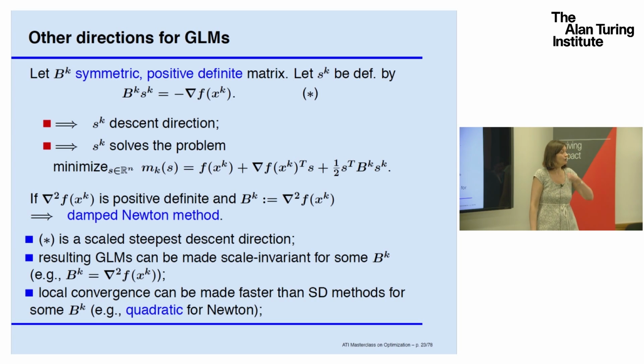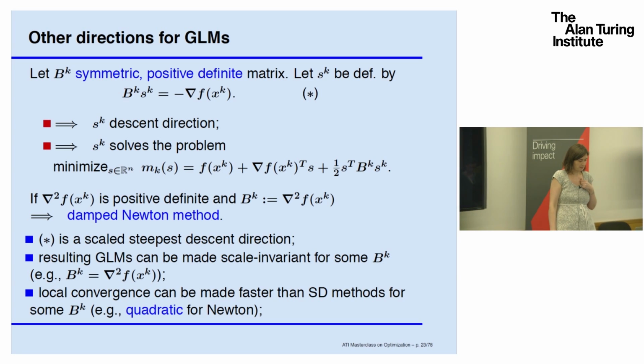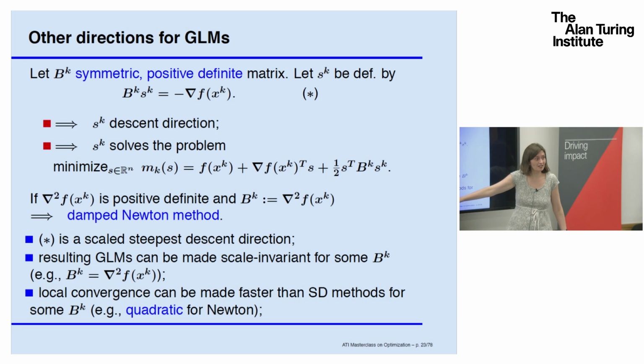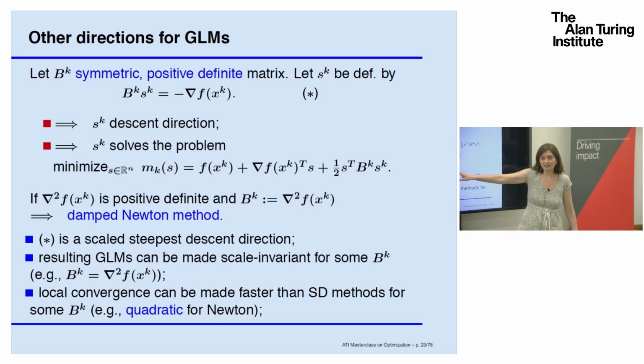But with respect to linear changes of variables or affine, Newton has this property. And so we gain affine invariance, and we gain a fast local rate with it, namely the famous quadratic rate of Newton's method. Okay, so we've gone from bad linear rate to quadratic rate locally. We've gained affine invariance. What have we lost?